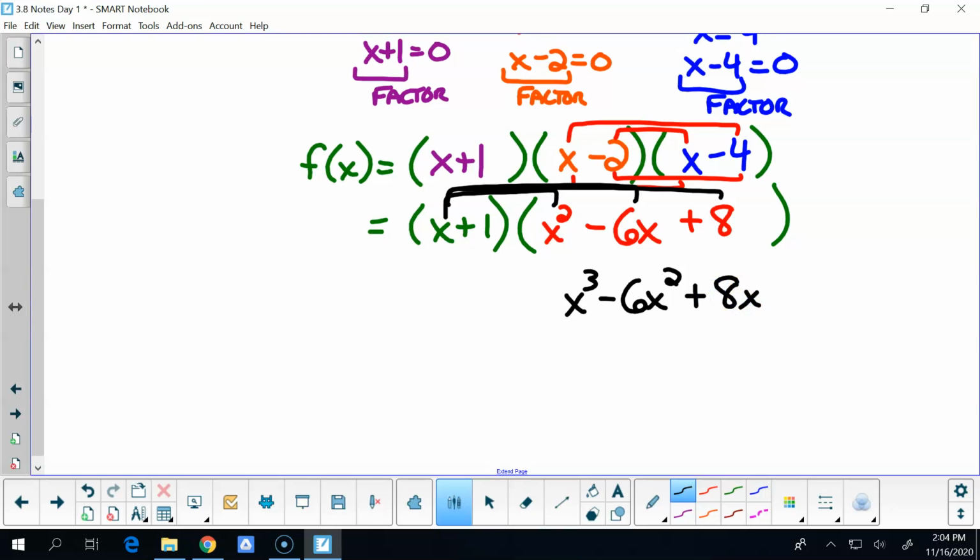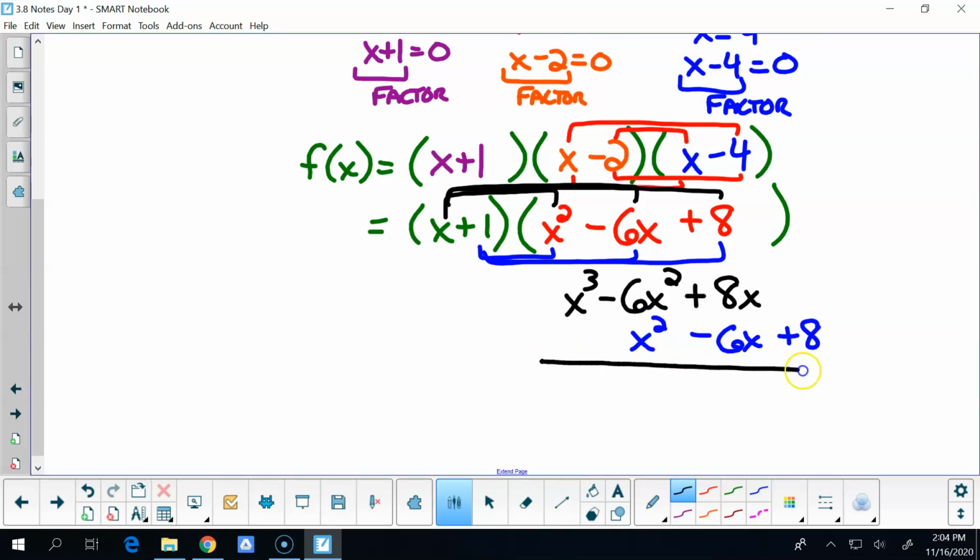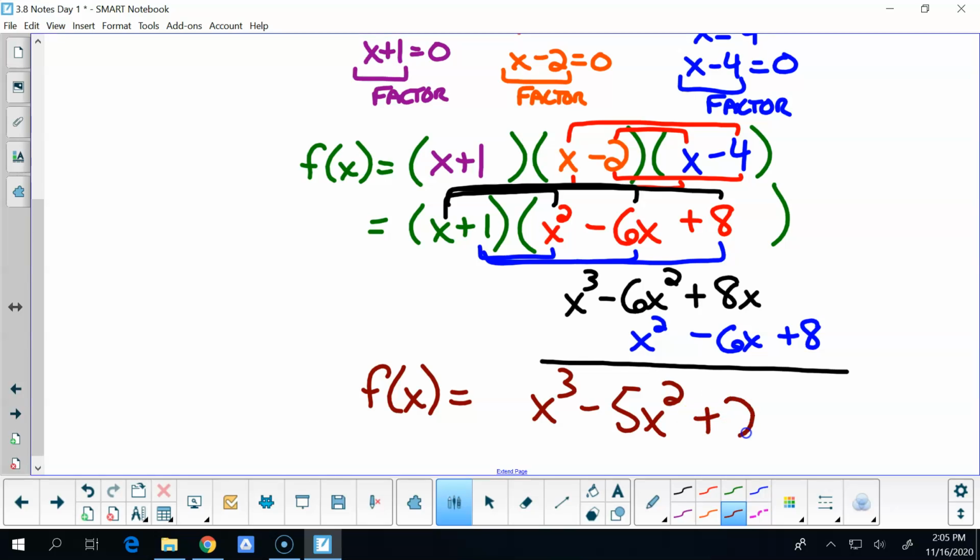And then I would take this 1 and also distribute it to all 3 spots: x squared minus 6x plus 8. All told together, I add those 2 up, and that gives me my new polynomial function: x cubed minus 5x squared plus 2x plus 8.